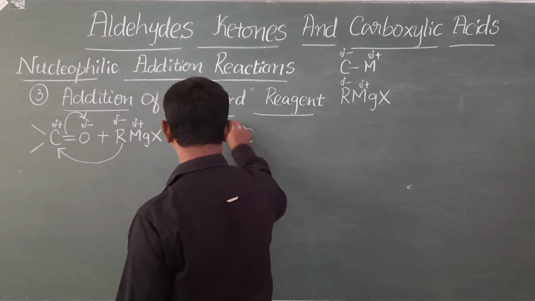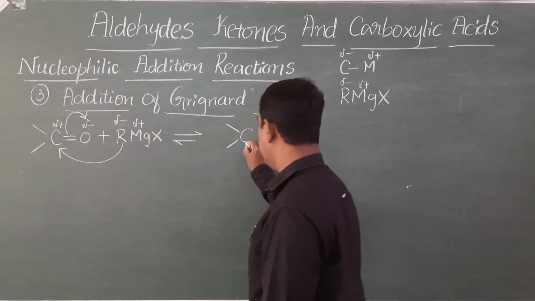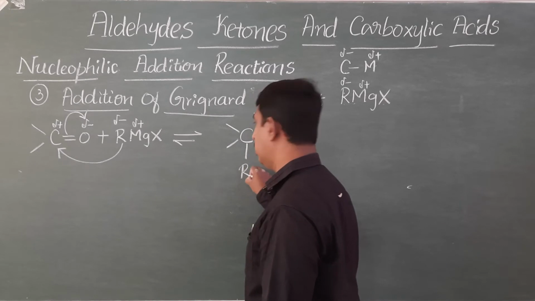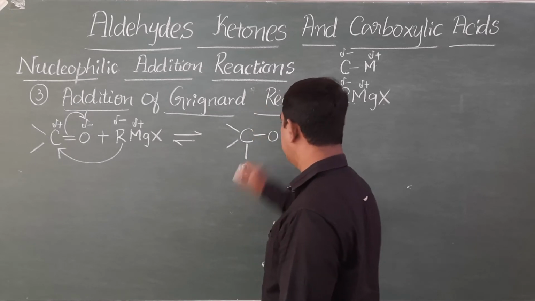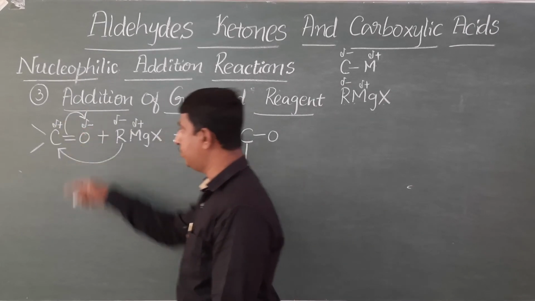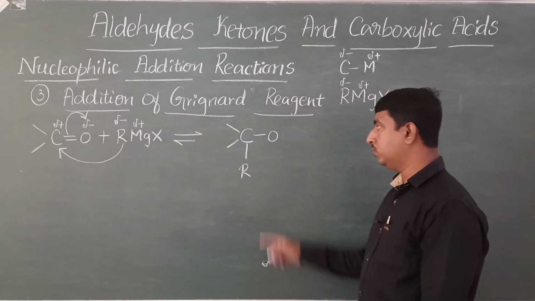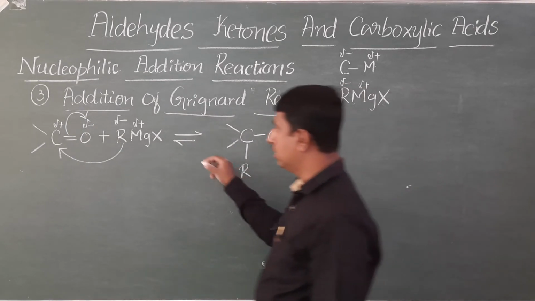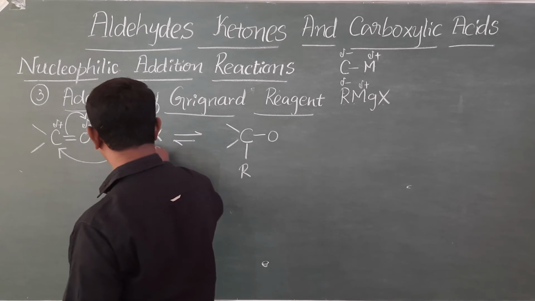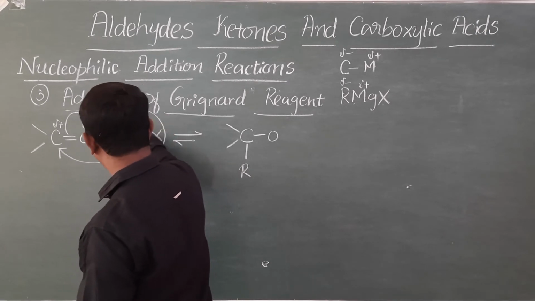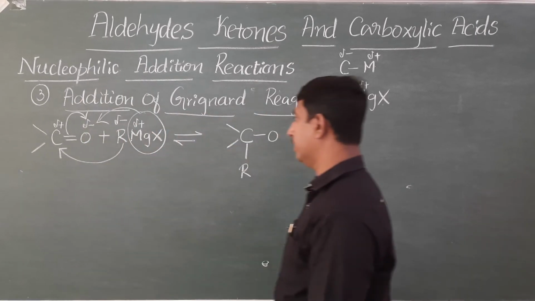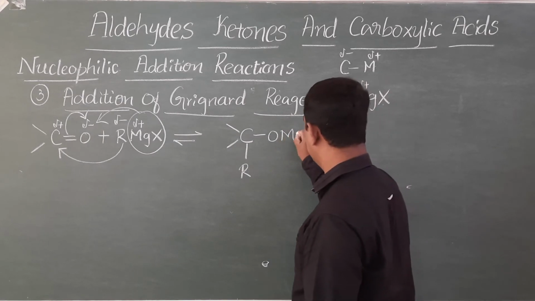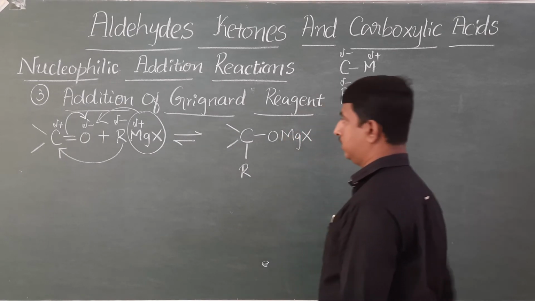So it is C. Here the nucleophile R, single bond O, electrons have been transferred to oxygen. So single bond O minus will accept the positive part, that is MgX. So it becomes OMgX.